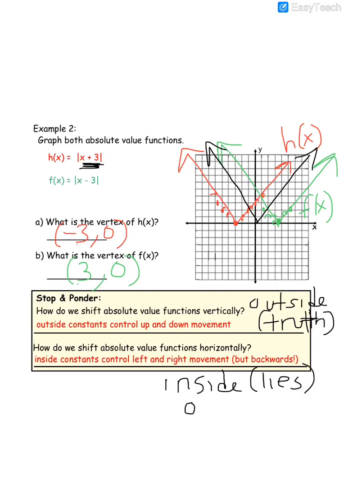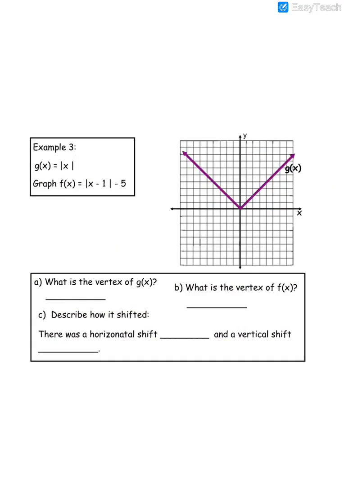So it's opposite x, same y. Here it said -3, and again, inside lies. If you look at my green function, it went to the right 3. So it is exactly the same as the way that we did it with the parabola. The parabola just had parentheses. This has an absolute value symbol around it. All right, let's check out the next slide.